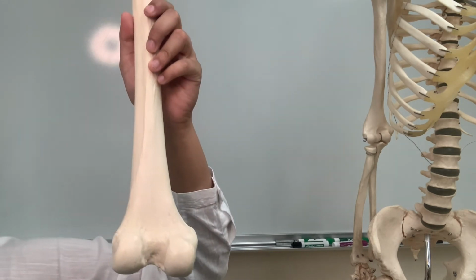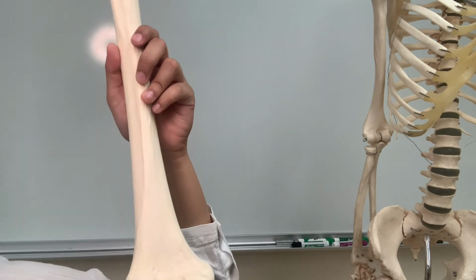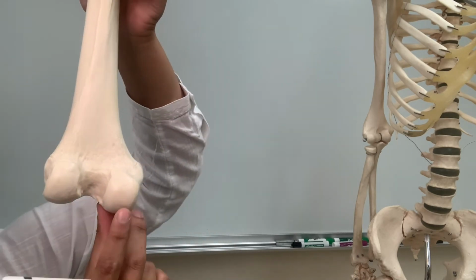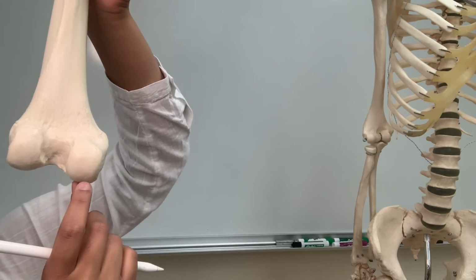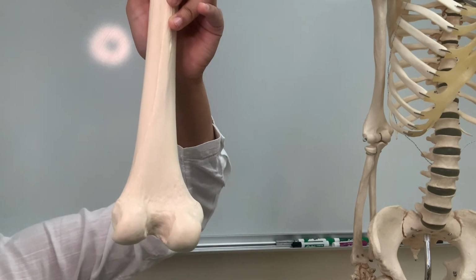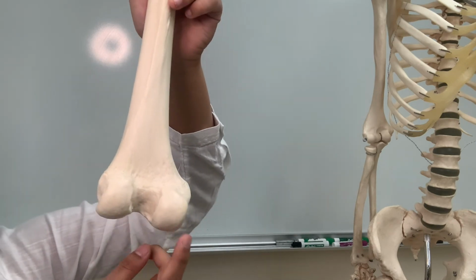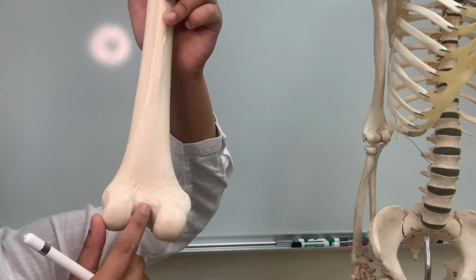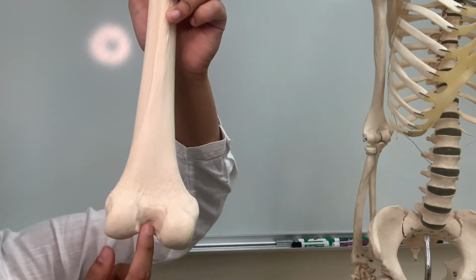And then we have some condyles and epicondyles, just like we did in the humerus. So this is your medial condyle, and this is your lateral condyle. Medial condyle, lateral condyle. Between the two condyles, you have an intercondylar fossa.